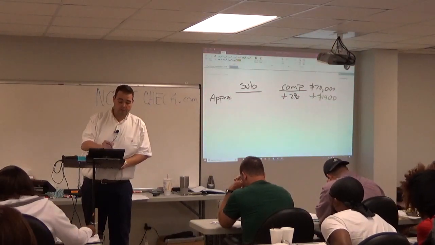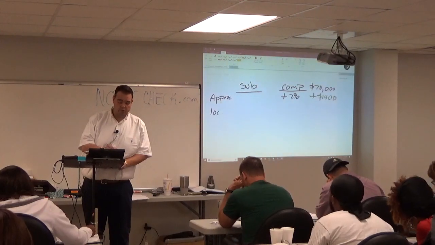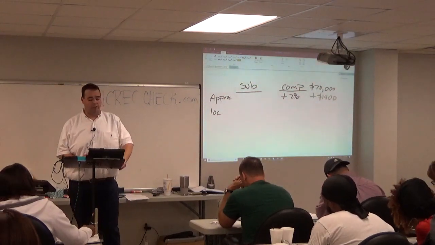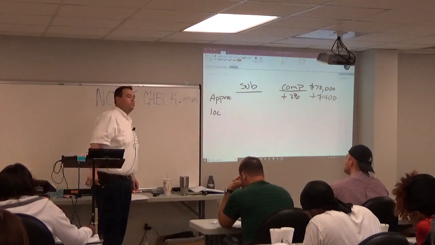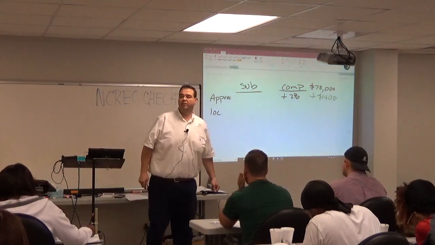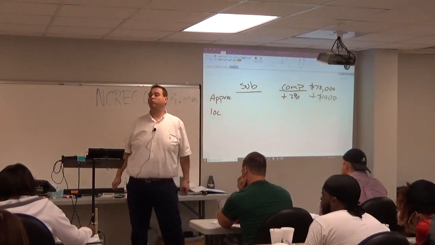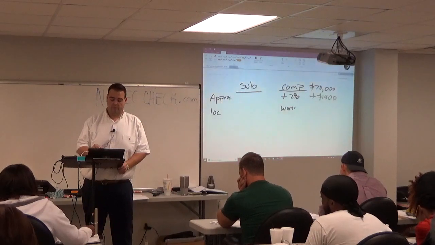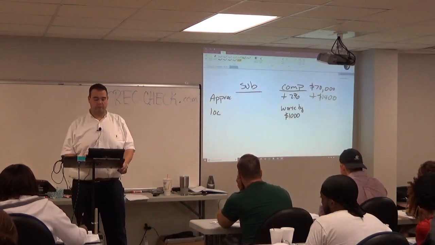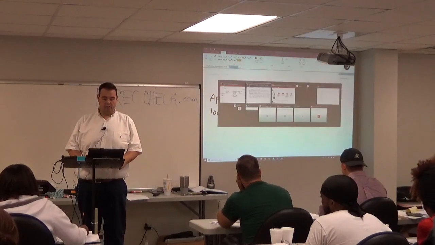And they said, as far as location goes, the subject is better by $1,000. I can't deal with that statement. What do I need to do with that statement? Reverse it. Make it about the comp. So the comp is worse by $1,000.